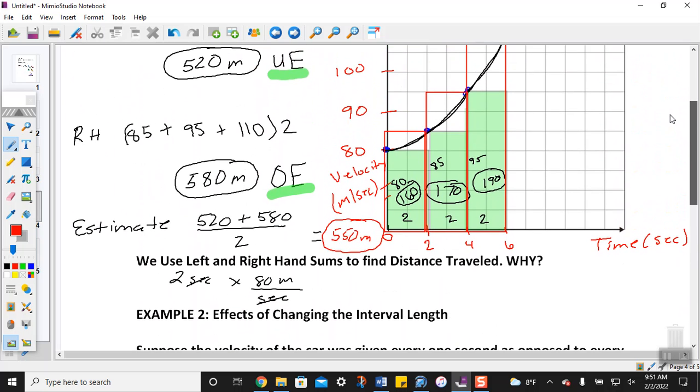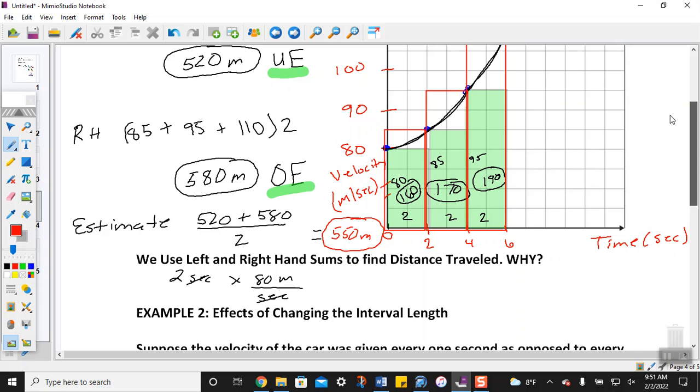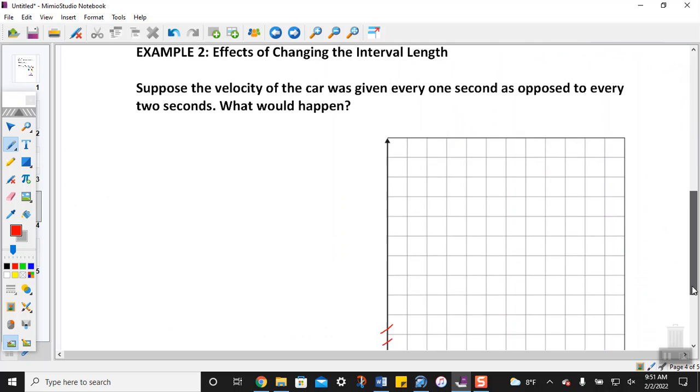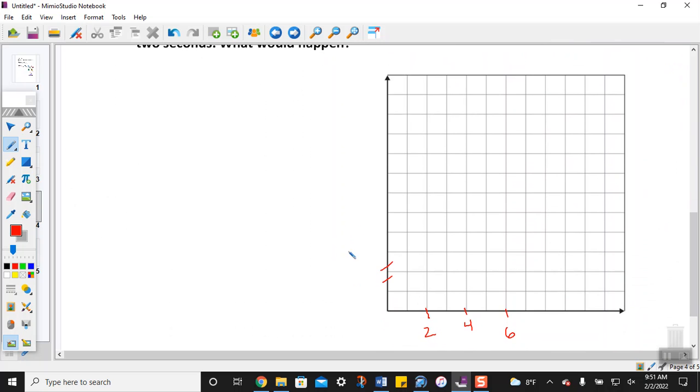So my friends, what did I go? 2, 4 up. So I'll put this little break in the graph down here. And I'm going to call this distance 80. This was where 90 was. This is where 100 meters per second lied. And then I got up to 110. Is that right, kids? Yeah.